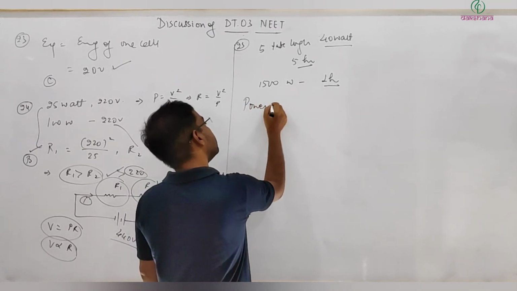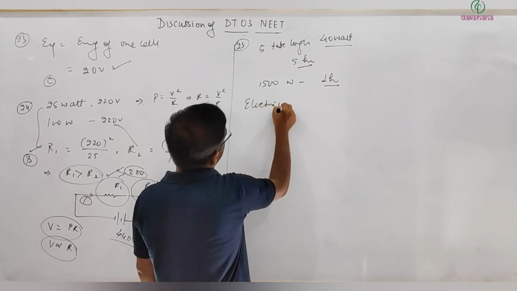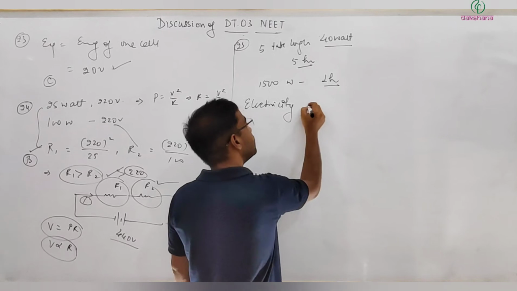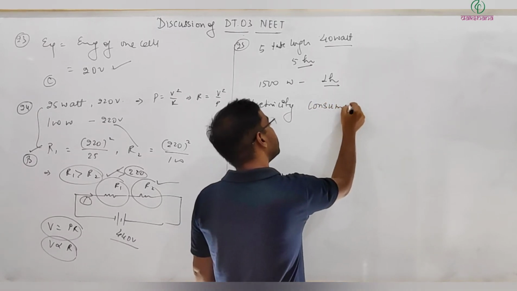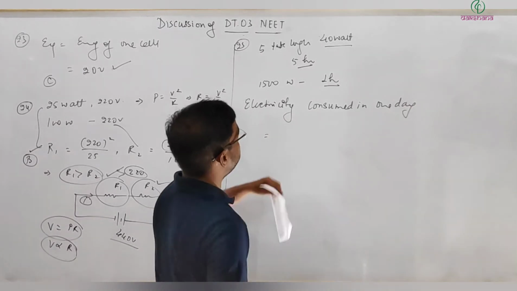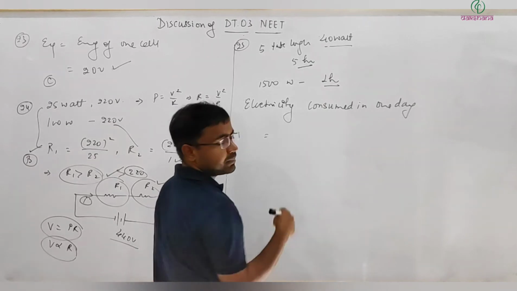Power or electricity consumed in one day will be equal to, per day, watt multiplied by time, so watt hour.